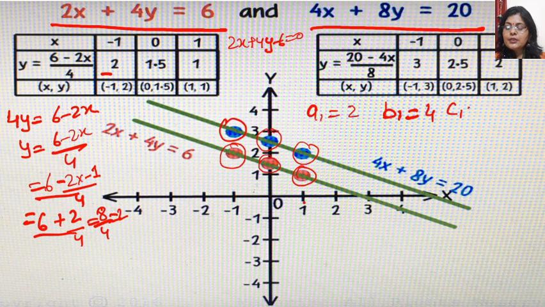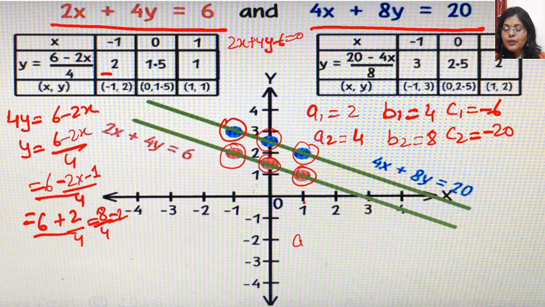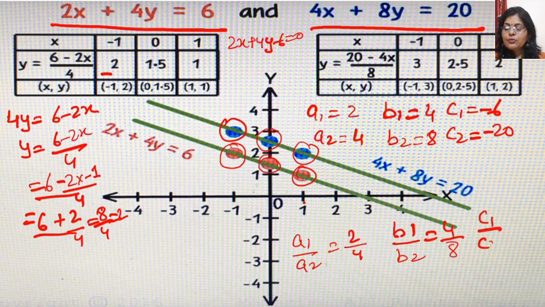So c1 is minus 6. And in a similar way, a2 is equal to 4, b2 is equal to 8, and c2 is equal to minus 20. So what is a1 upon a2? 2 upon 4. b1 upon b2? 4 upon 8, and c1 upon c2 is minus 6 upon 20.